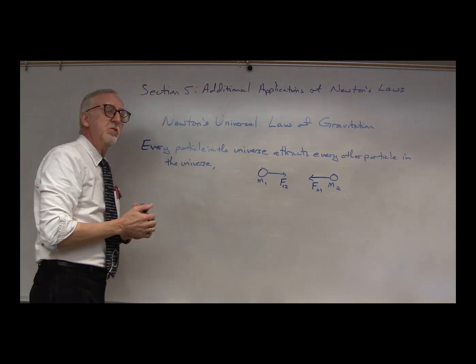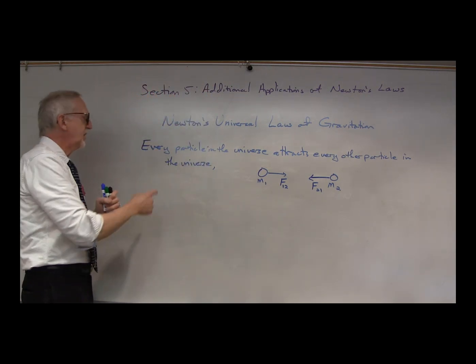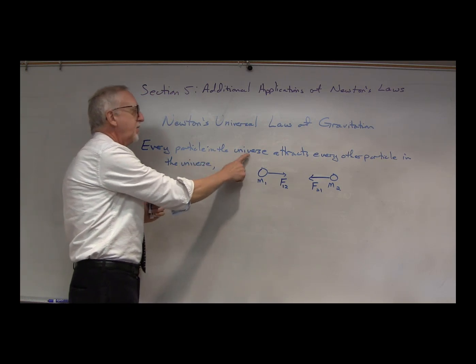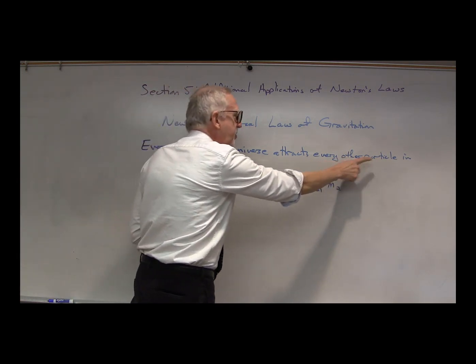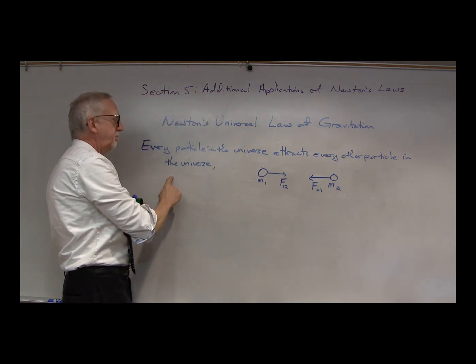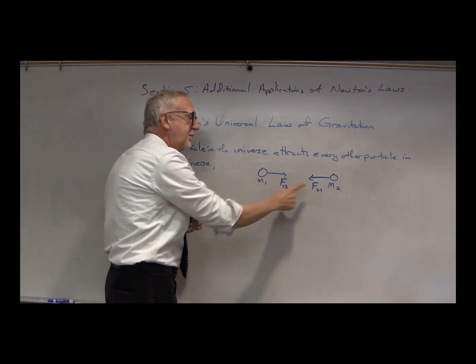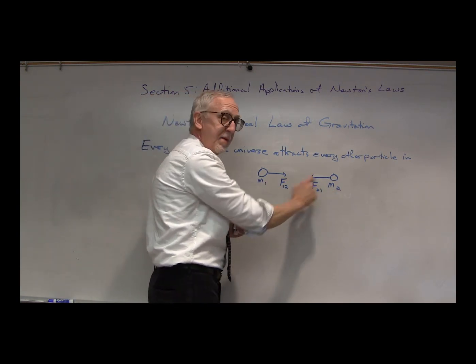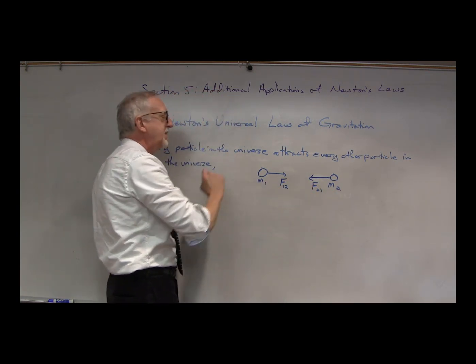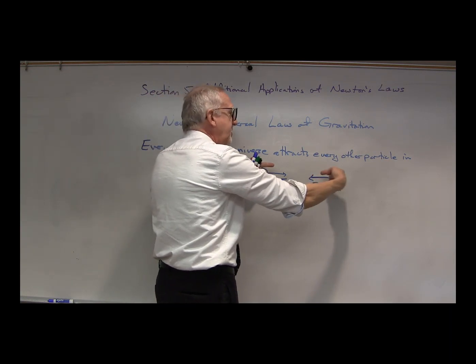What Newton's universal law of gravitation states is that every particle in the universe attracts every other particle in the universe. So let's imagine we've got two objects, one with mass m1, one with mass m2. What this states is that they are attracted to each other.